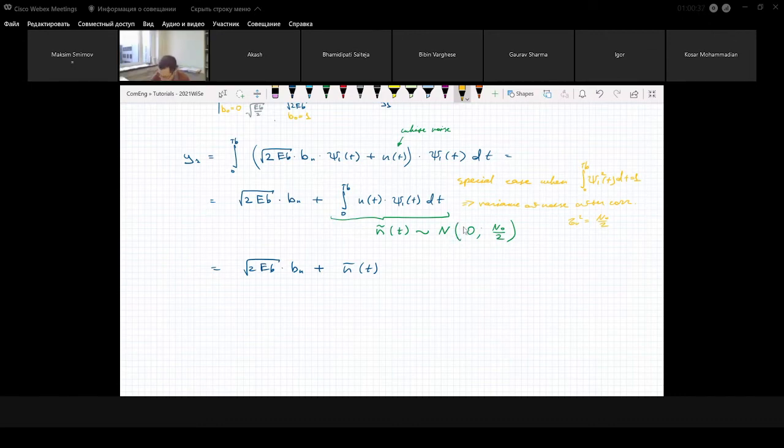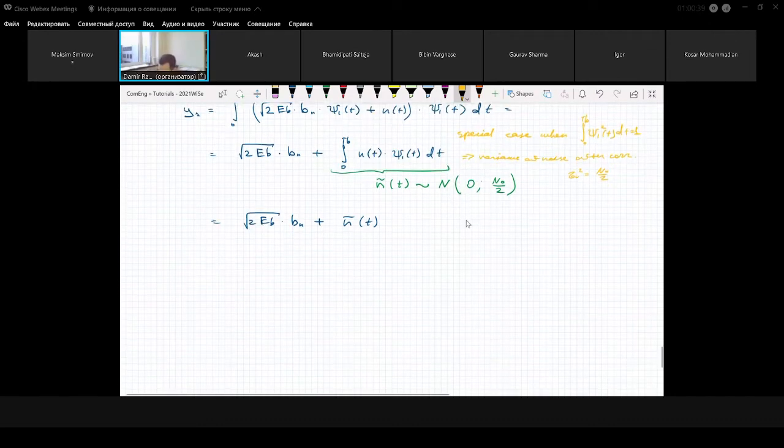Now we can continue, and we go to the part where we need to specify the integral expression of the bit error rate, the probability of bit error. I want to remind you how we calculate the probability of bit error.